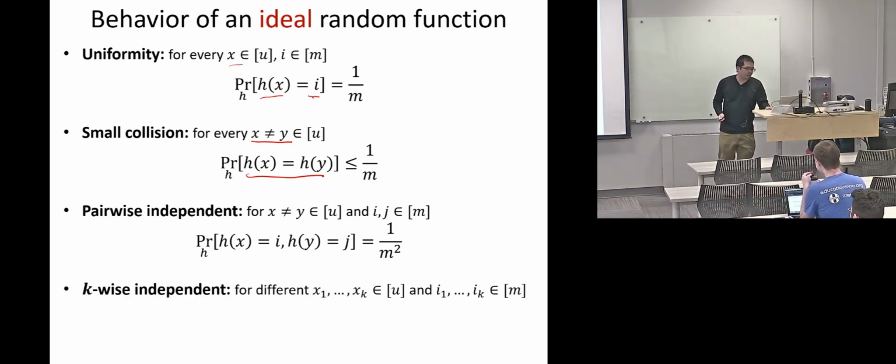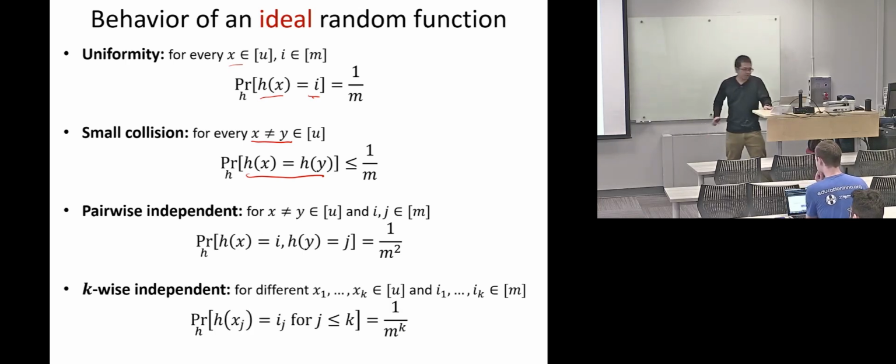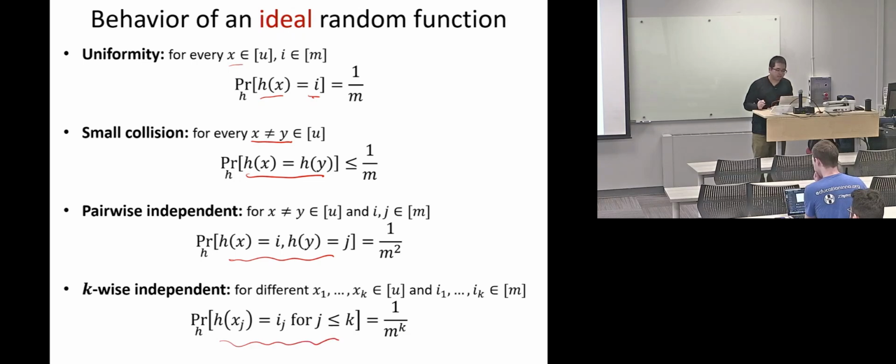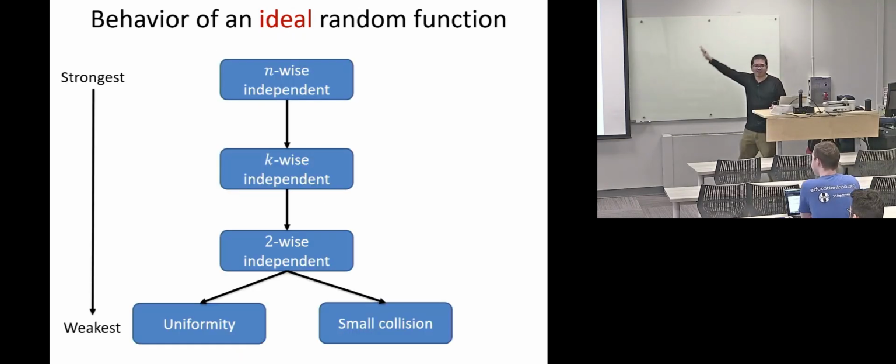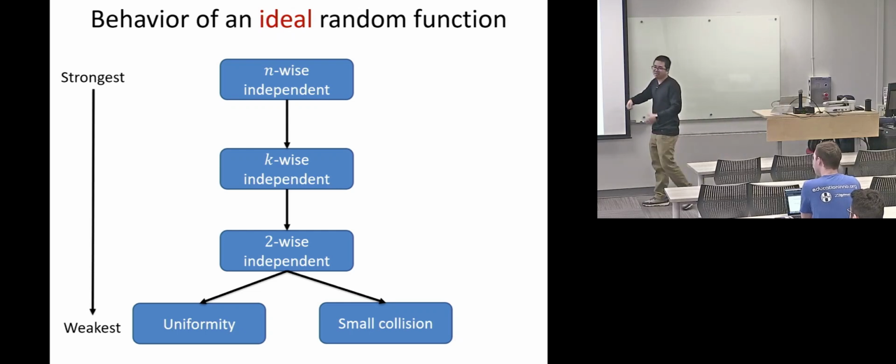And you can talk about a more general one called k-wise independent, which is like pairwise independent but with k many terms. You can talk about k many different keys. So this is basically the hierarchy of behavior.